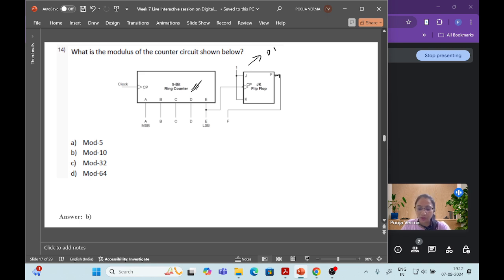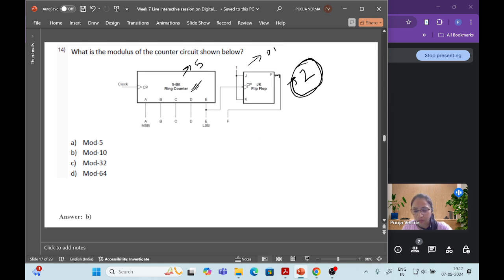So the modulus of n bit ring counter is n, that means 5, right? For this, the modulus is 5, because it is a 5-bit ring counter, and the modulus of JK flip flop, which is operating at toggle mode, that means J=K=1, is 2, because it will give two outputs, either 0 or 1.